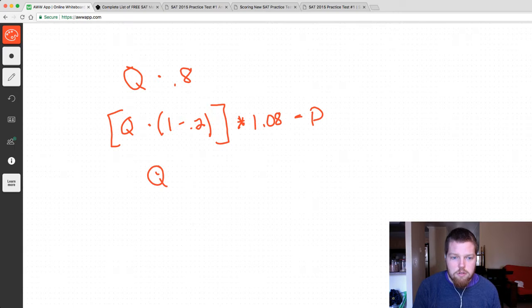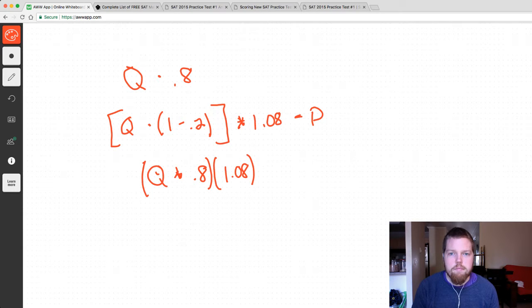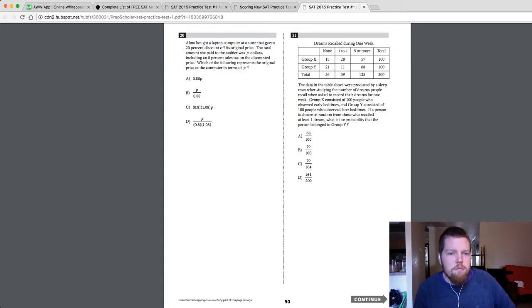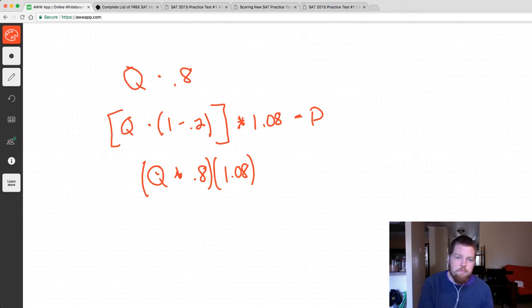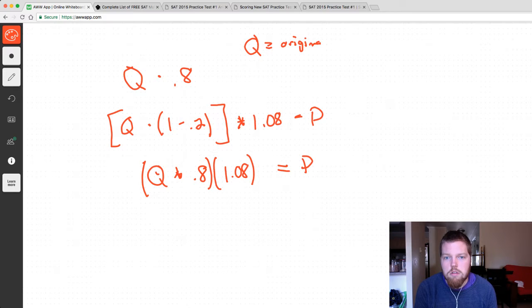So Q times 0.8 times 1.08 equals P. And now we need to solve this equation for Q, where Q is the original price. So let's divide both sides by 1.08.